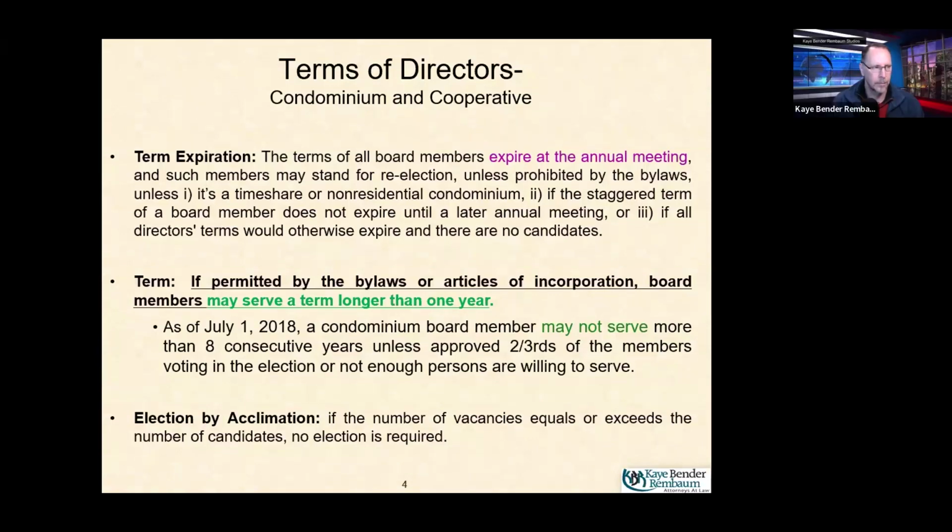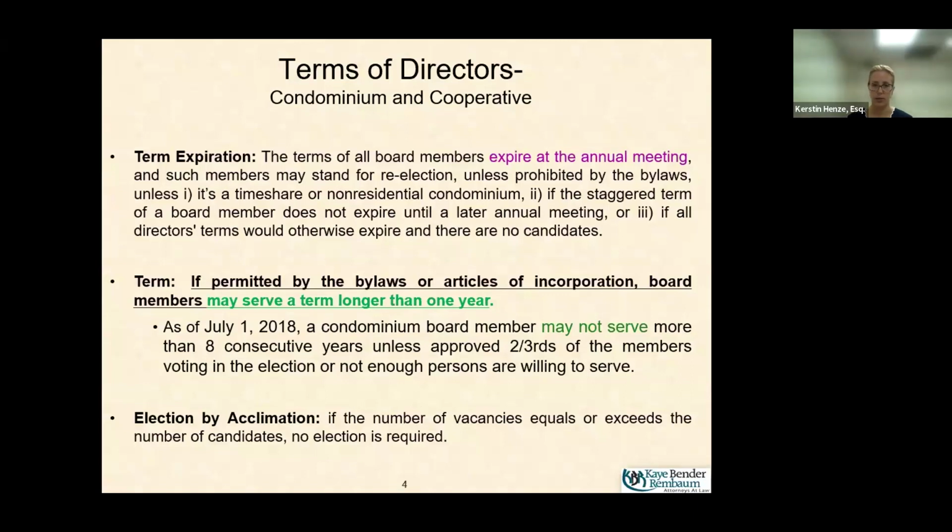Now, as of July of 2018, this was a change that went into effect July 1st of 2018, a condominium board member cannot serve more than 8 consecutive years unless approved by 2/3 of the members, or there are not enough people running for the board. This used to be a confusing section in the statute.